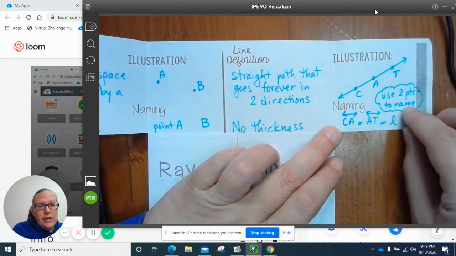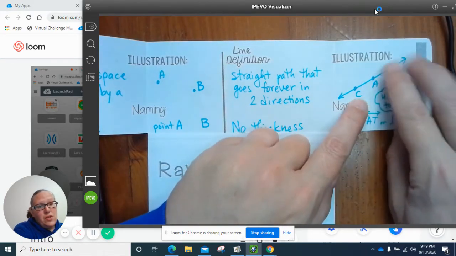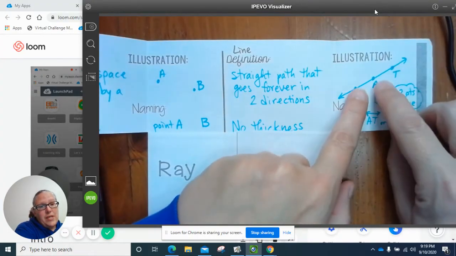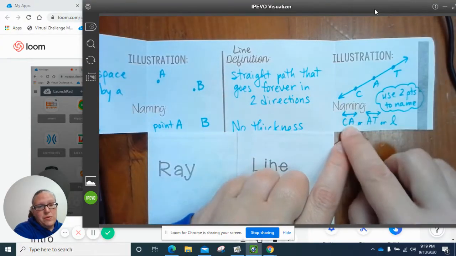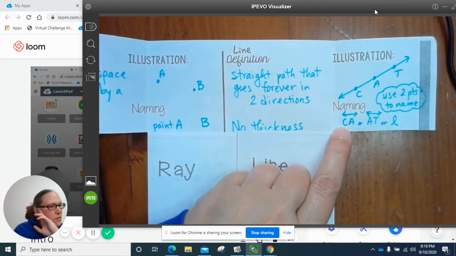We're going to use 2 points to name it. Okay, any 2 points. So I could use these two letters, C and A. I could use A and T. I could use T and C. I'm going to pick any 2 of those letters, and I'm going to put the symbol for line over the top, which you should be familiar with from middle school.